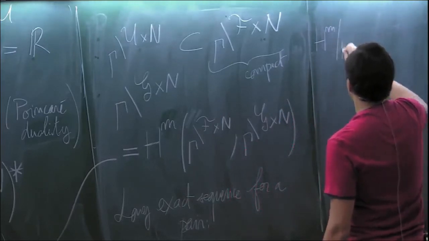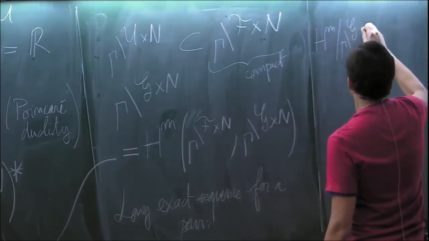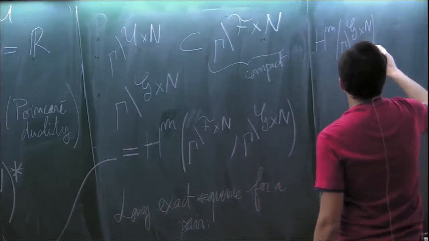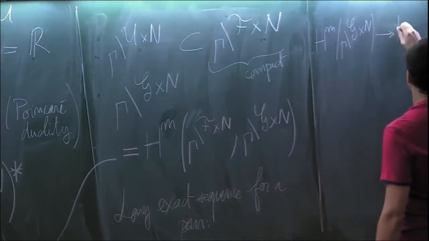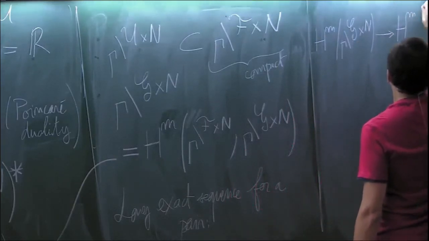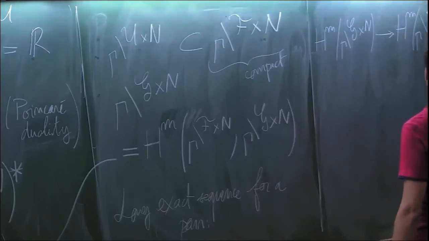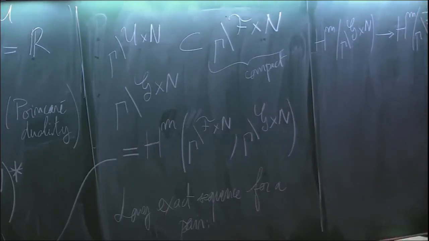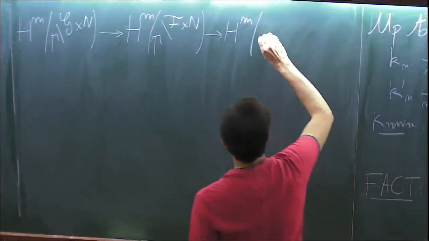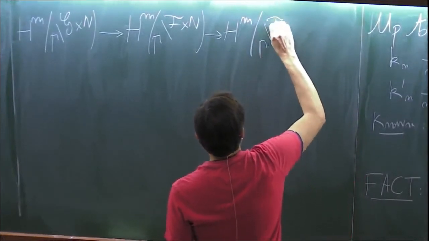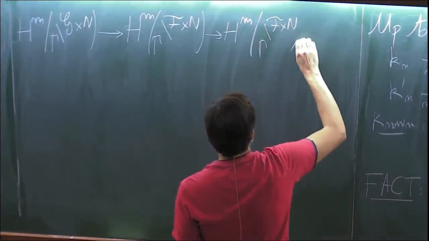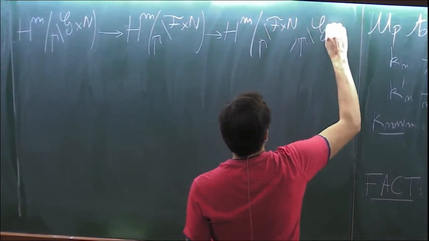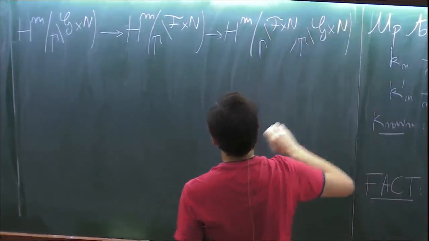I have the cohomology of gamma mod g cross n goes to the cohomology of gamma mod f cross n, goes to the cohomology of the pair gamma mod f cross n, gamma mod g cross n, and then the (m+1)-th cohomology of gamma mod g cross n and the (m+1)-th of gamma mod f cross n.